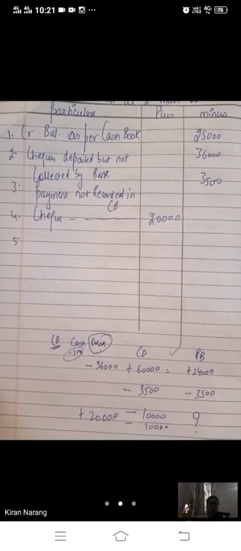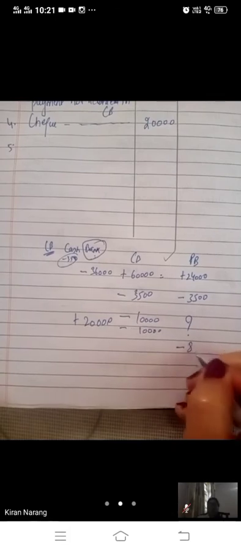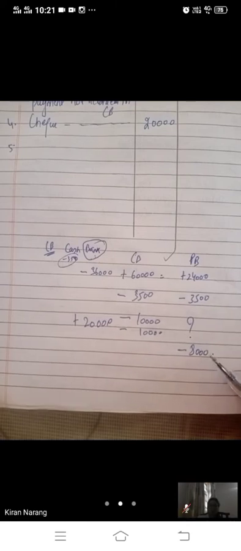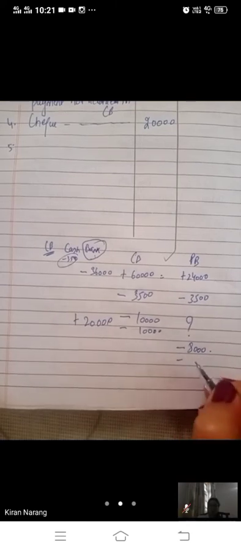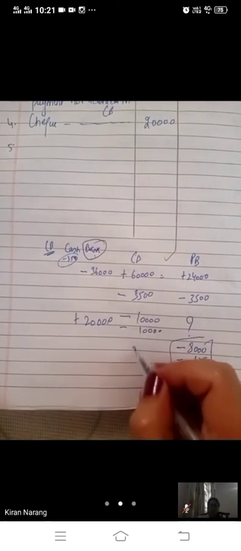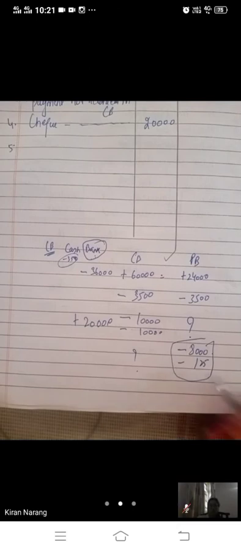Next, bachche: a bill receivable for rupees 8,000 previously discounted with the bank had been dishonored, and bank charges of 125 were debited in the passbook. If we have recorded some bill and it was not collected by the bank, it is dishonored, and they have also debited 125 rupees from our bank account, but we don't know that this bill is dishonored.